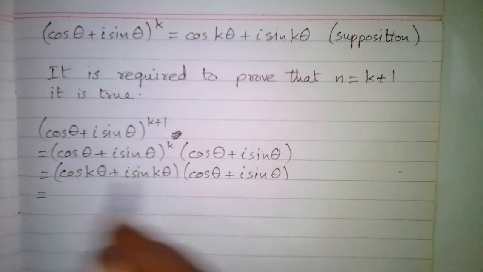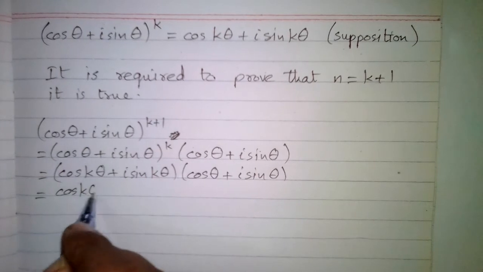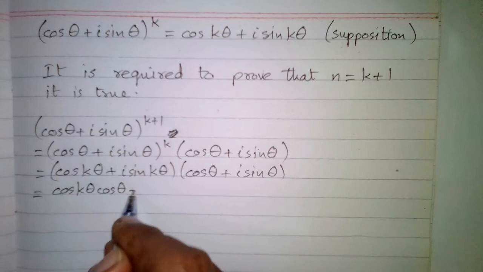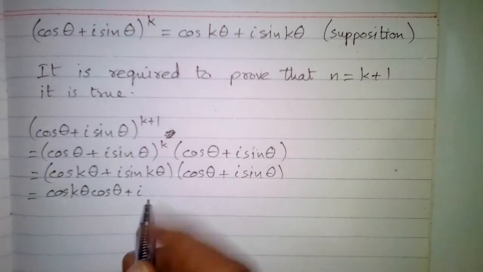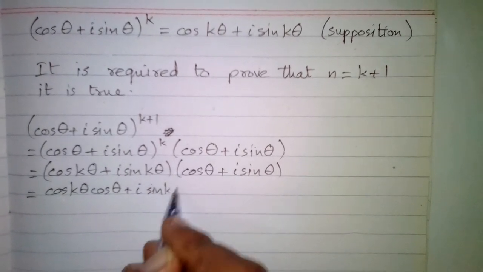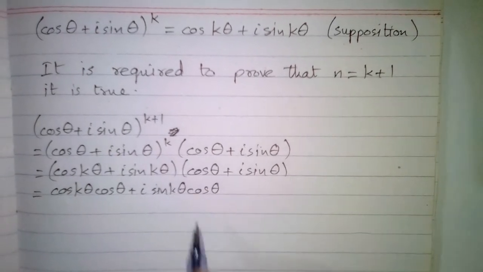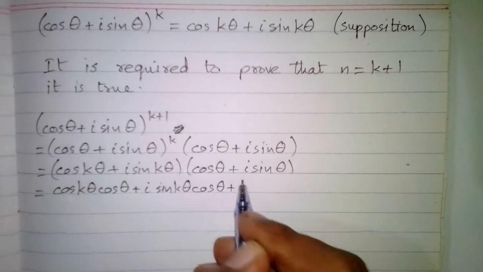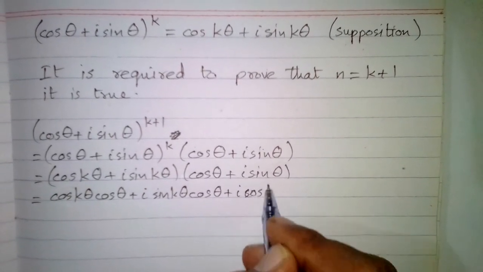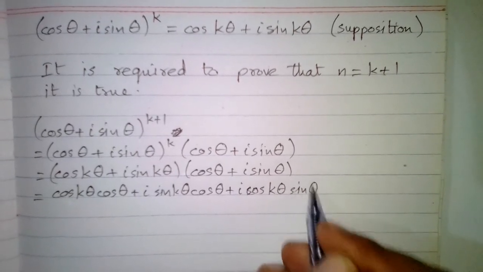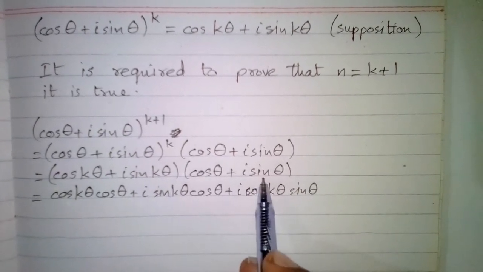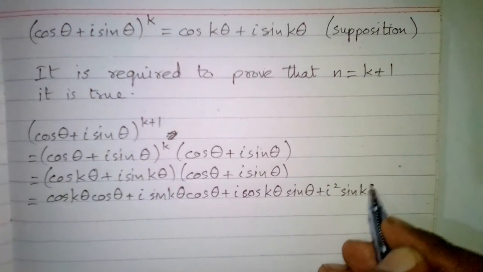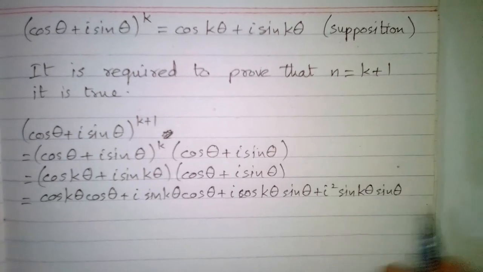Now cos k theta times cos theta is cos k theta cos theta, then plus iota sin k theta times cos theta is sin k theta cos theta, then cos k theta times iota sin theta is plus iota cos k theta sin theta, then iota sin k theta multiplied by iota sin theta is plus iota square sin k theta sin theta.